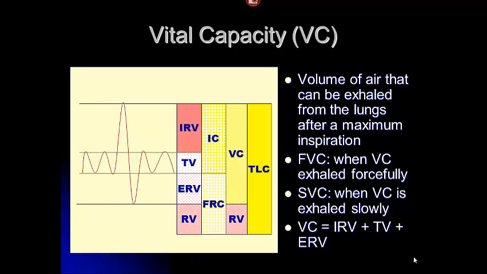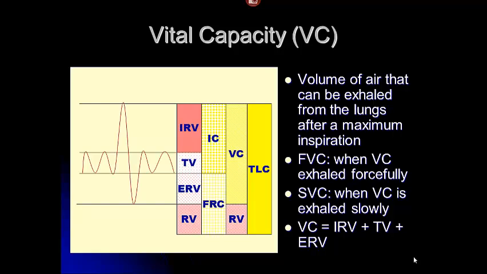What is vital capacity? Well, vital capacity is no more than the volume of air that can be exhaled from the lungs after a maximum inspiration. What is forced vital capacity?